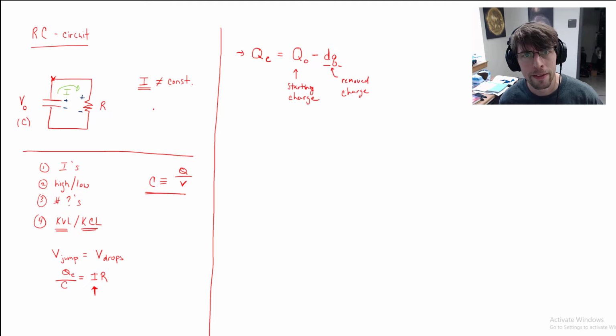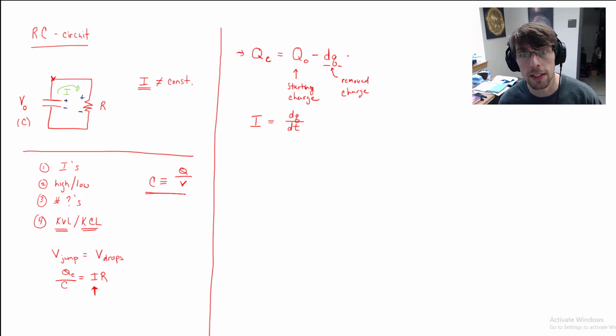Hopefully you see. What is I in the first place? I, my current, is how much charge has passed in a given time. So if dq represents the charge removed from my capacitor, dq/dt must be the current flowing through my resistor. So let's go ahead and do it this way.